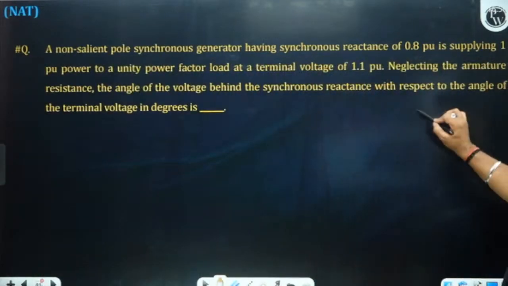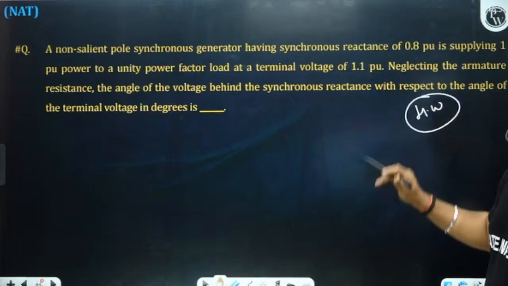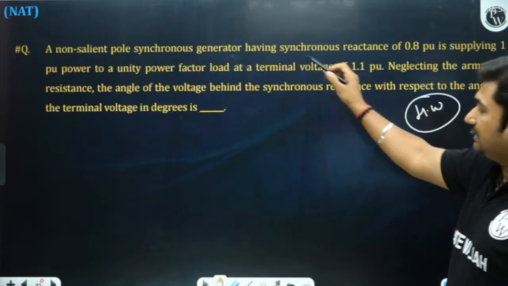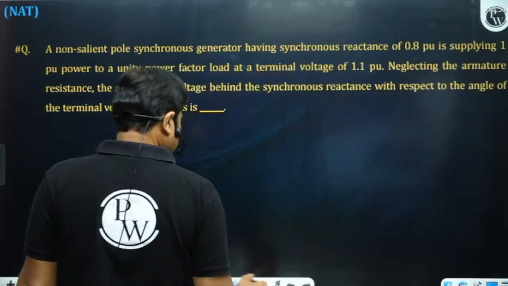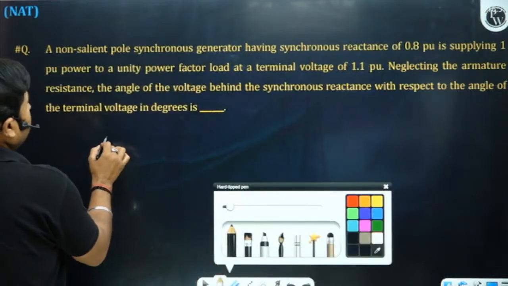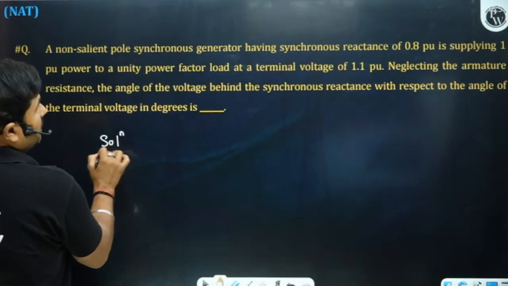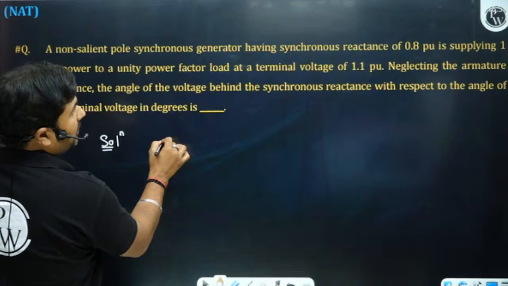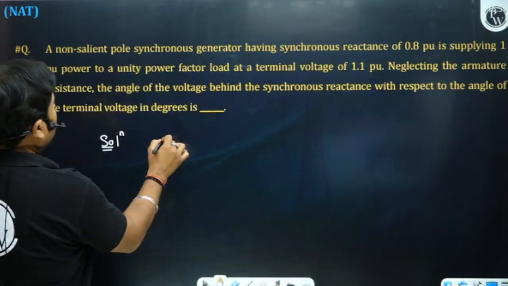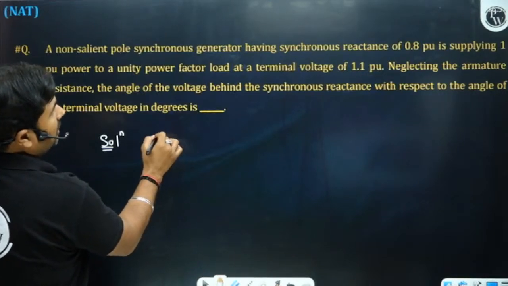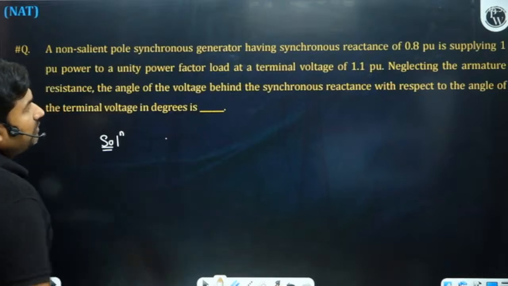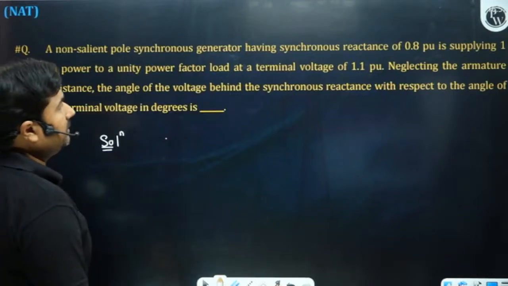Yes, sir. Very similar, everything the same, just it's a generator. Let me do it for the generator also. A non-salient pole synchronous generator having synchronous reactance of 0.8 per unit, supplying 1 per unit power to a unity power factor load at a terminal voltage of 1.1 per unit.